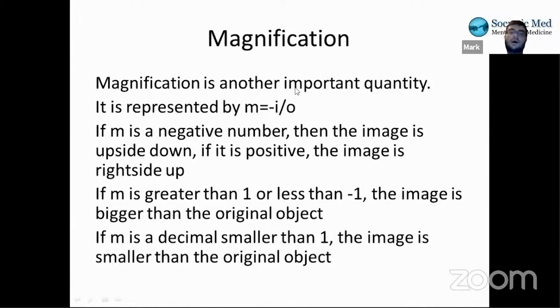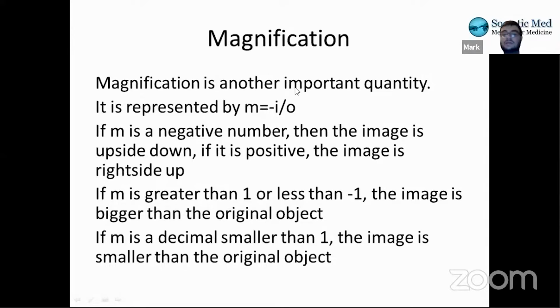Okay. And now for magnification, if M is greater than 1 or less than -1, or if the absolute value of M is greater than 1, the image is bigger than the original object. It's scaled up. If you want to think of it as a scale, 1 being 100%, then greater than 1 or less than -1 means the magnification is 110%, 150%, 200%, or something like that.